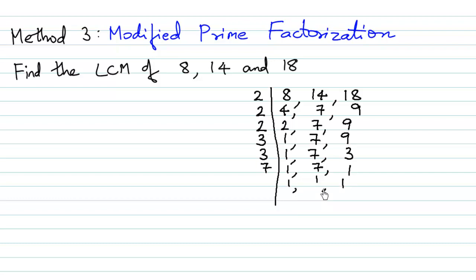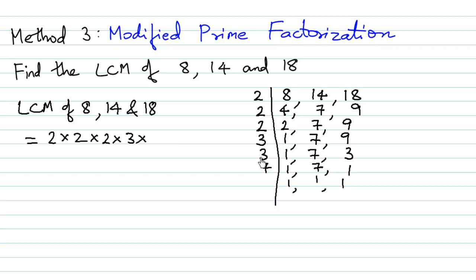So the LCM of 8, 14 and 18 is 2 multiplied by 2, multiplied by 2, multiplied by 3, multiplied by 3, multiplied by 7. So just multiply all these numbers together.